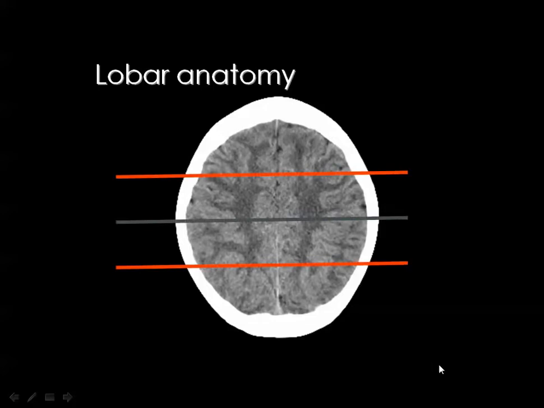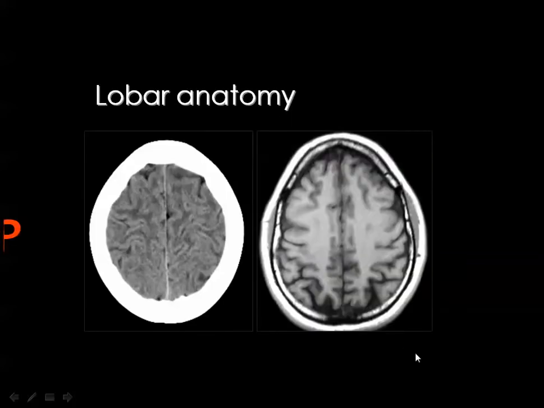You draw three lines dividing the section into four equal parts. The anterior part belongs to the frontal lobe, while the rest of the three quarters belong to the parietal lobe. There is no temporal and no occipital. The occipital lobe is very small and it does not reach this high level.